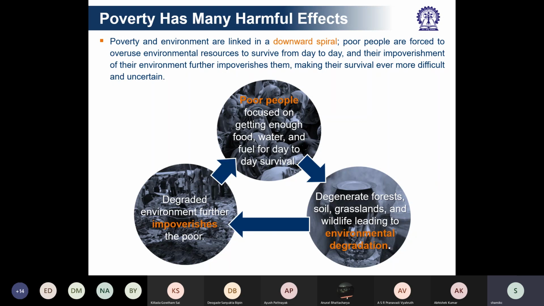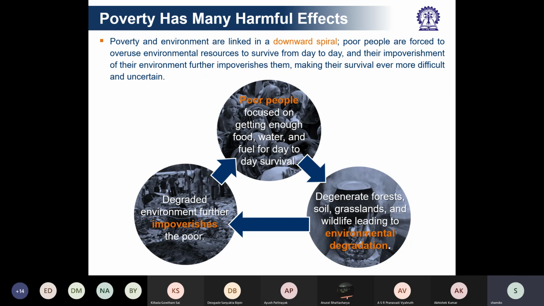See, first and foremost, the daily lives of the world's poor are focused on getting enough food, water, and cooking and heating fuel to survive. So they do not have the luxury to think about the environment. Desperate for short-term survival, some of these individuals degrade forest, soil, grasslands, fisheries, and wildlife at an ever-increasing rate.